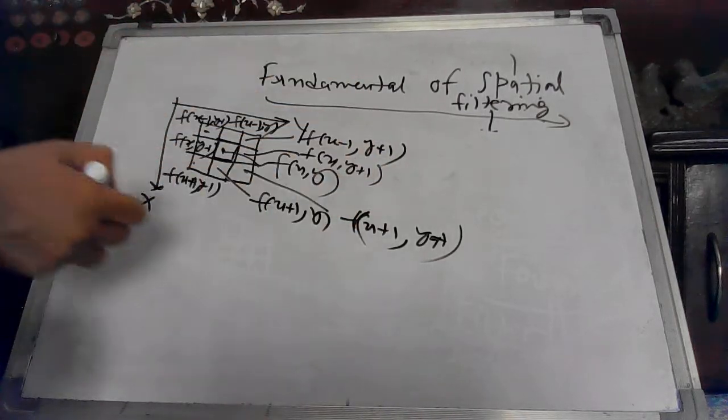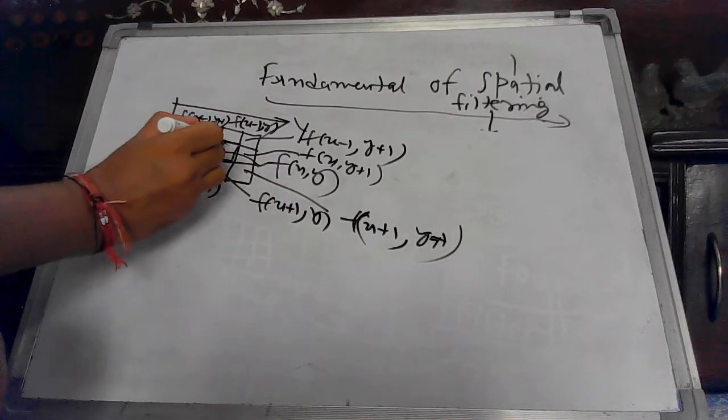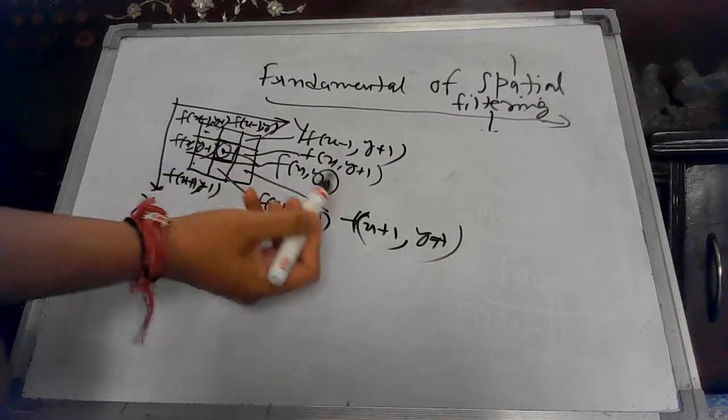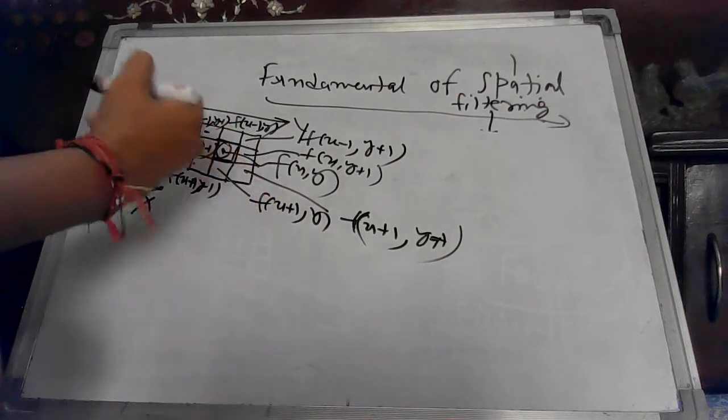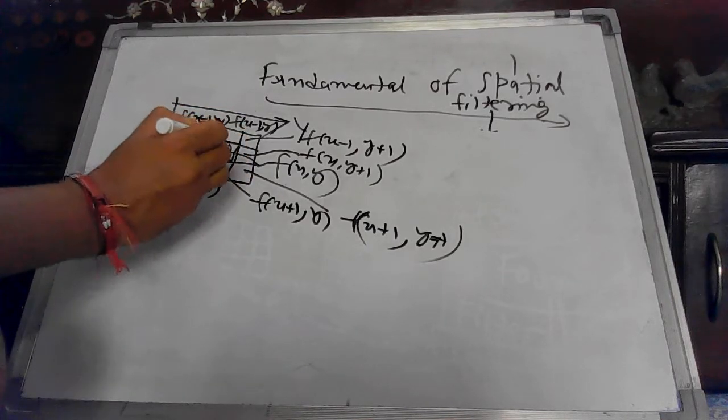You are representing by a very simple technique that if this pixel is under consideration for processing using some mask or filter, you are more or less operating on its neighbors, not on xy alone.